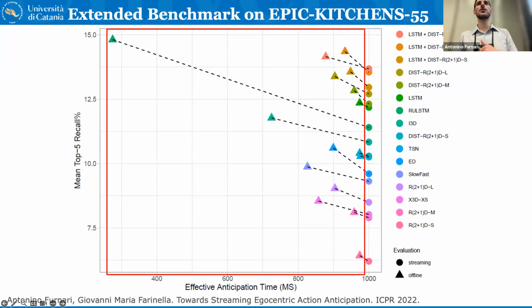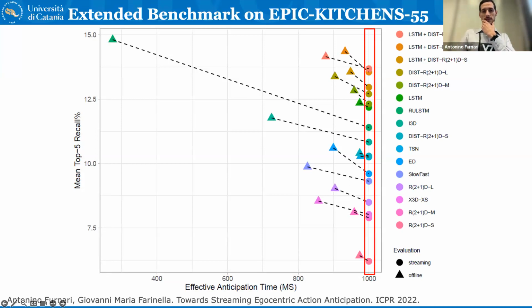So the models which are on the left are actually the least effective because they have a smaller anticipation time. Then the circles tell you what happens if you evaluate the same models using the streaming evaluation protocol that we propose, and the dashed lines make the connection between the same models evaluated in the two ways.